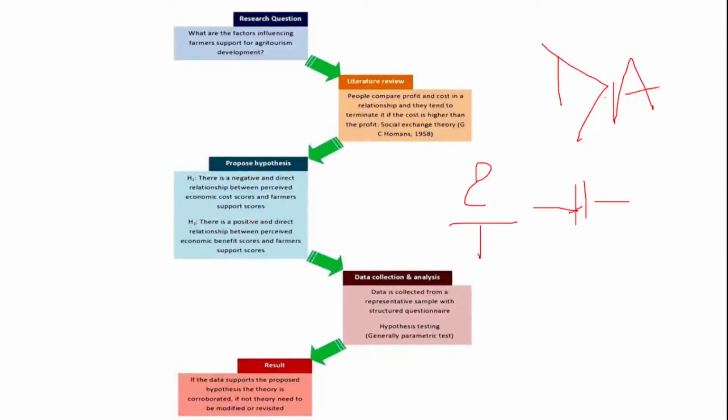We collected the data, we analyzed the data, and we decided whether to accept or reject the hypothesis. It means that we went from something very general to something very specific. This is what we did. We spoke about the inductive and deductive approach.